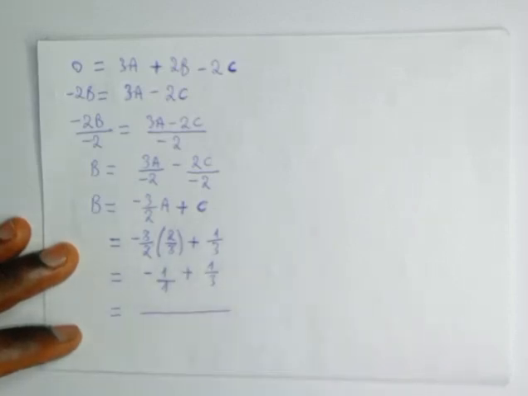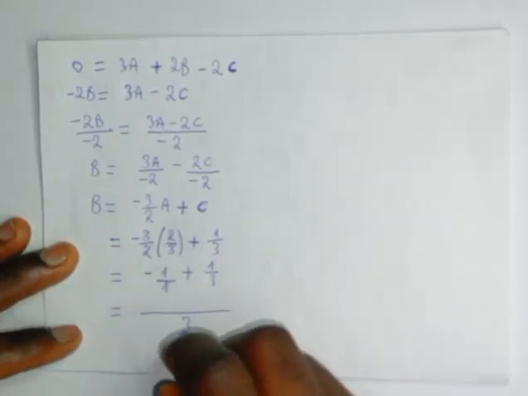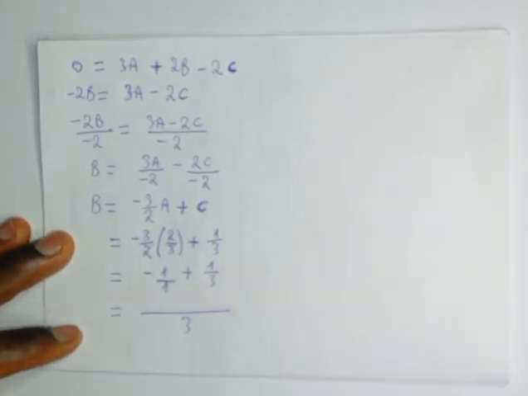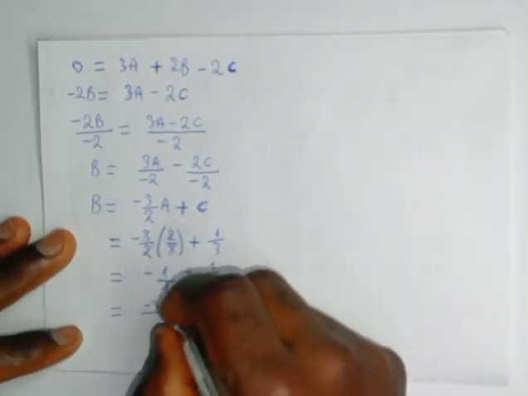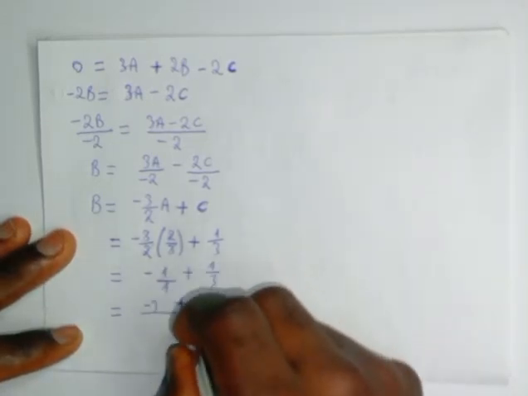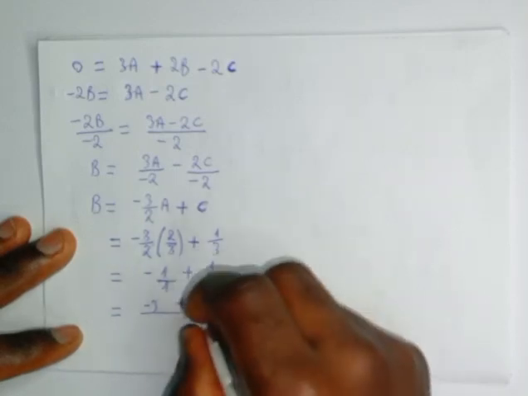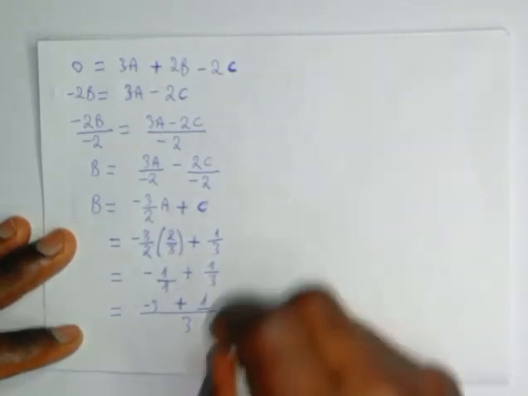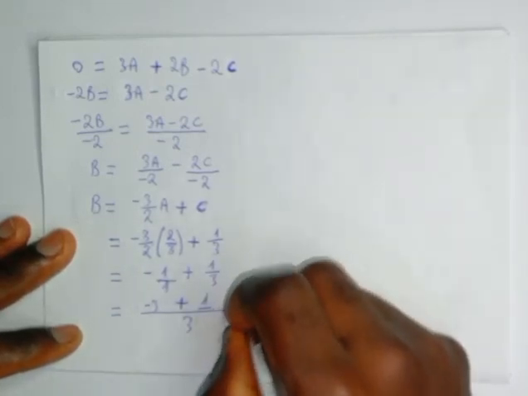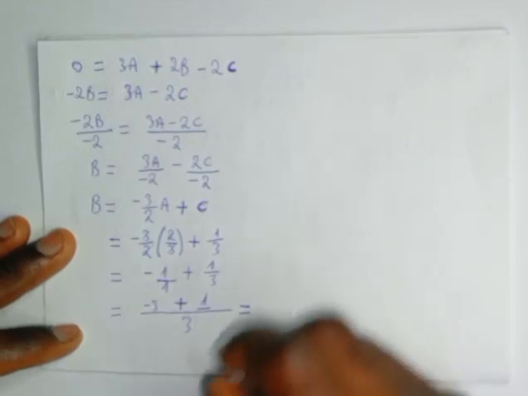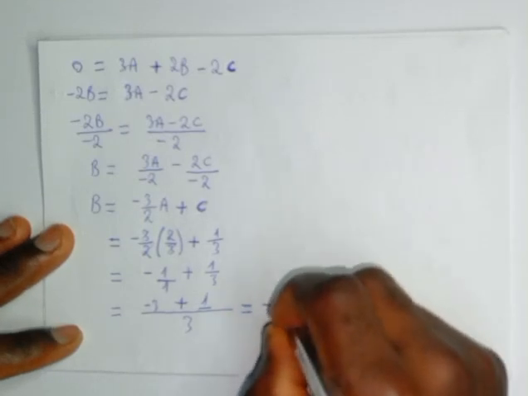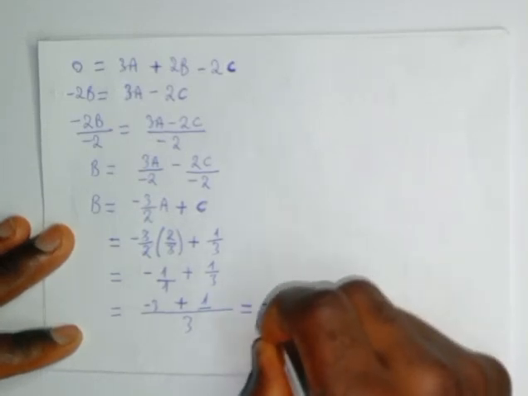The denominator of this fraction is 3. 3 divided by 1 gives us 3, 3 times negative 1, negative 3. We bring down the plus sign. 3 divided by 3 gives 1, 1 times 1, 1. This will be equal to negative 3 plus 1 gives us negative 2 on 3.